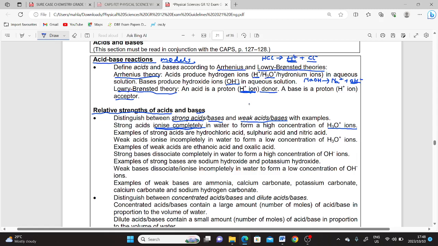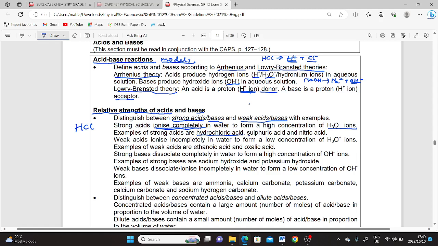For examples of strong acids, these you must know them. There are common acids used in the lab when we're doing experiments. We have hydrochloric acid, which is HCl. When you see HCl, just know it's hydrochloric acid and a strong acid.